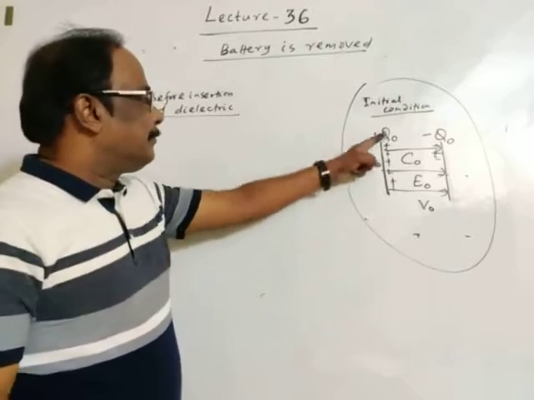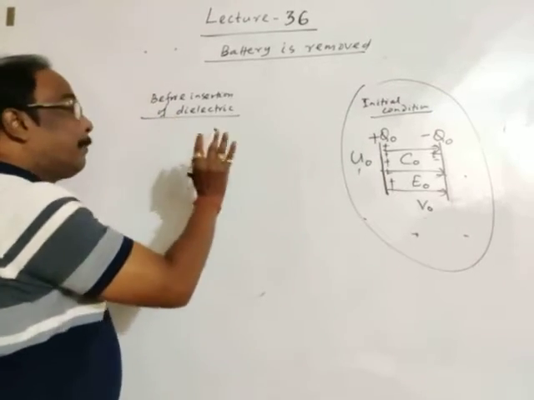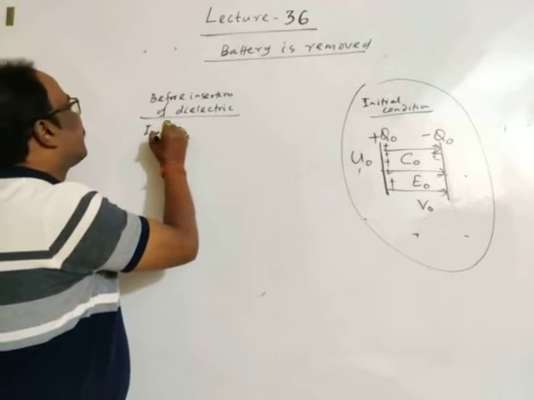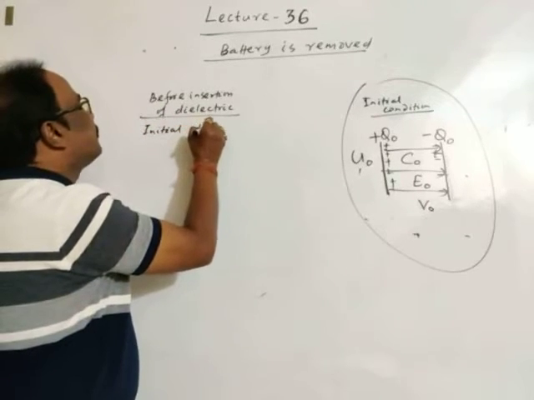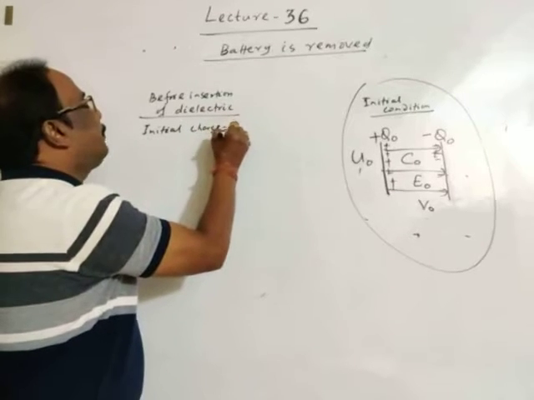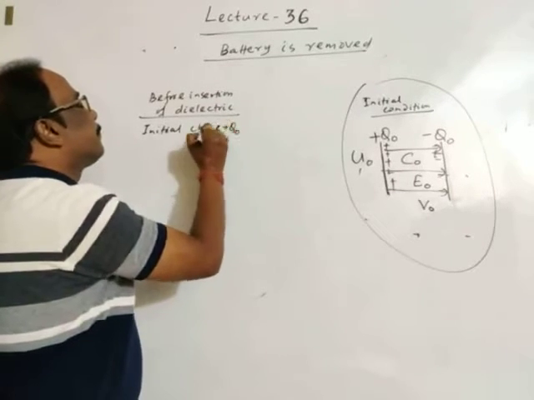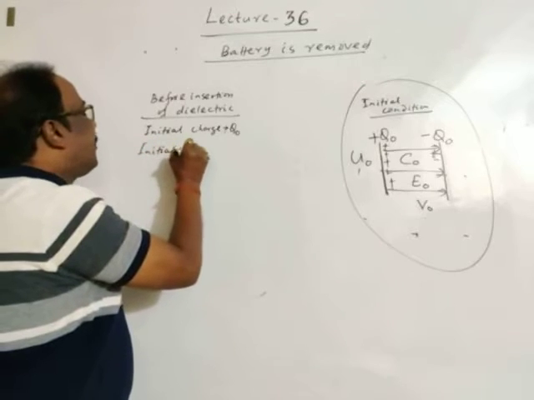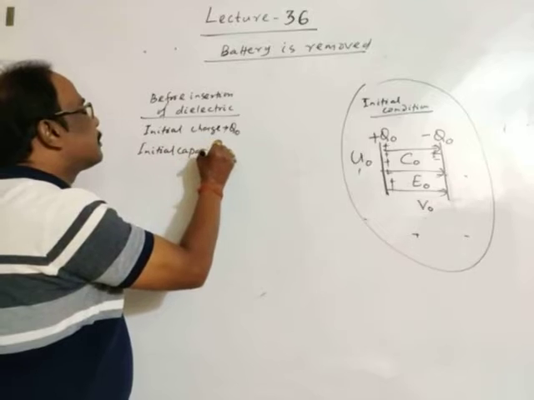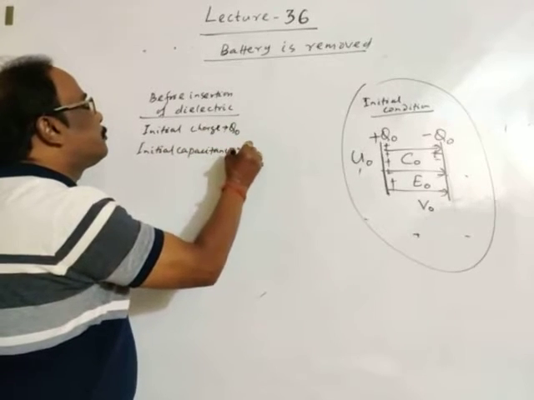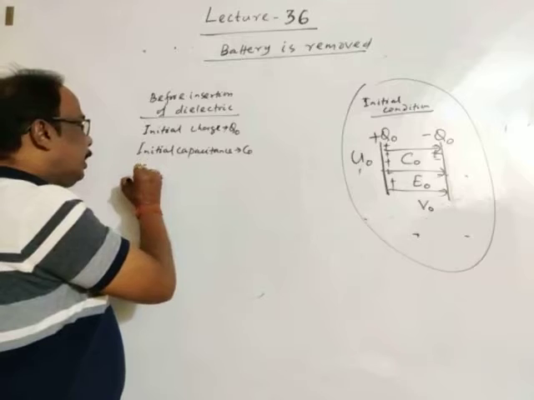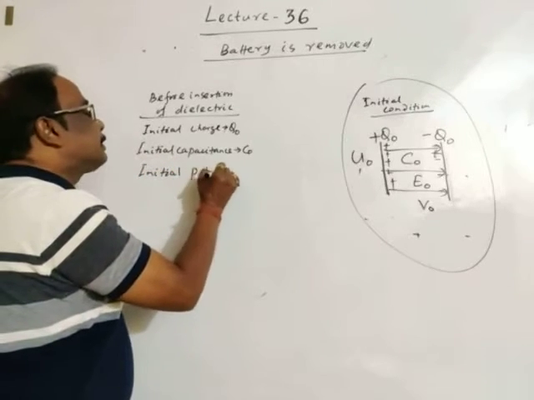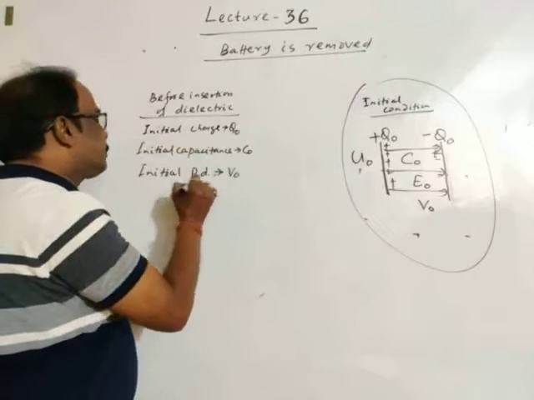Initial charge, before inserting, is Q naught. Initial capacitance is C naught. Initial potential difference is V naught.